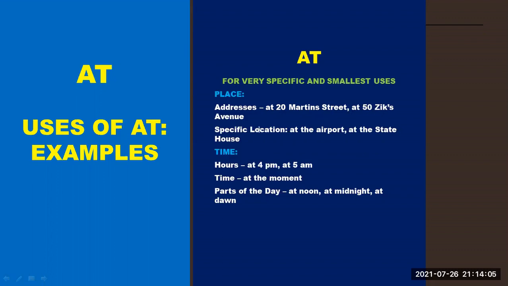All right. Then when you want to talk about a location, but you are also very specific, you use at. For example, at the airport, at the State House. All right. Now, the time, talking about time using at is also a more specific reference.